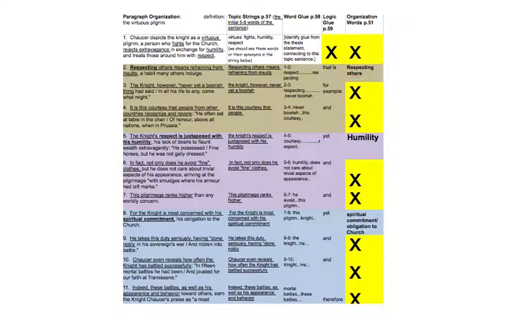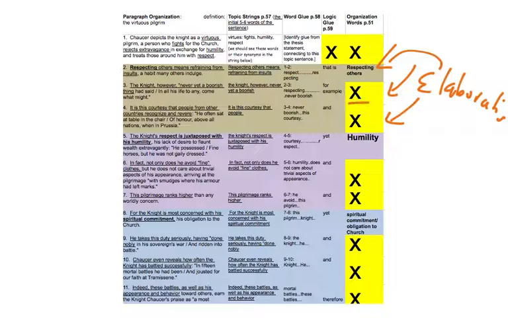So what the chart shows us is that there's elaboration of this concept going on in these sentences. These are the moments where we're expanding on the idea.